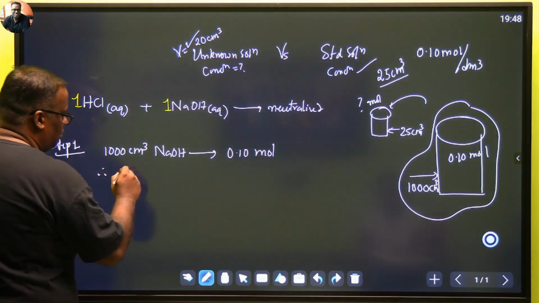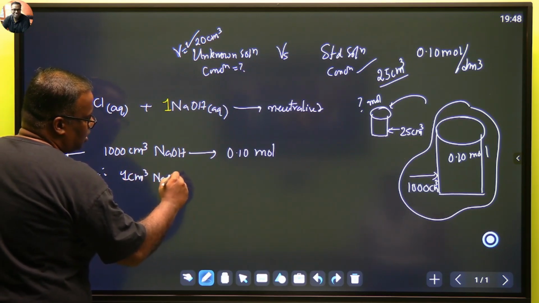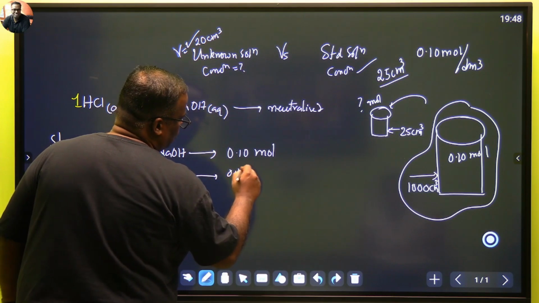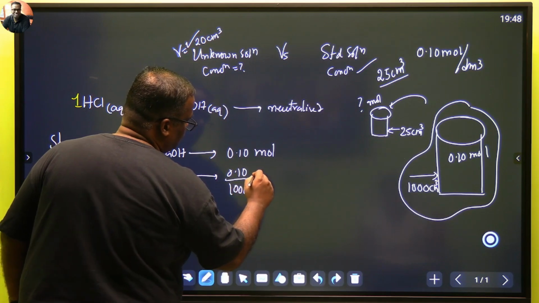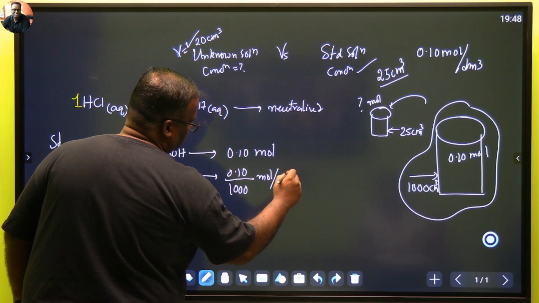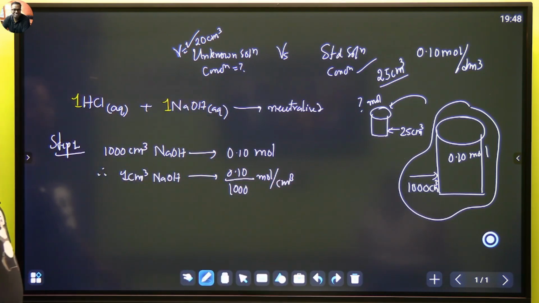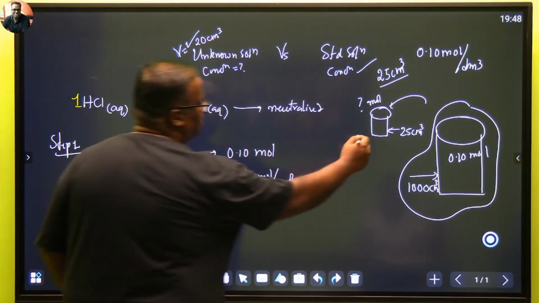Therefore, 1 cm cube NaOH contains 0.10 divided by 1000 moles per cm cube. Use the calculator parallelly with me. Agreed?